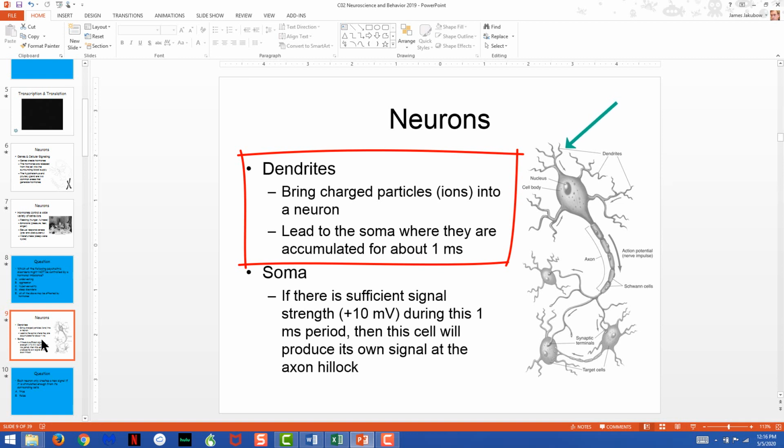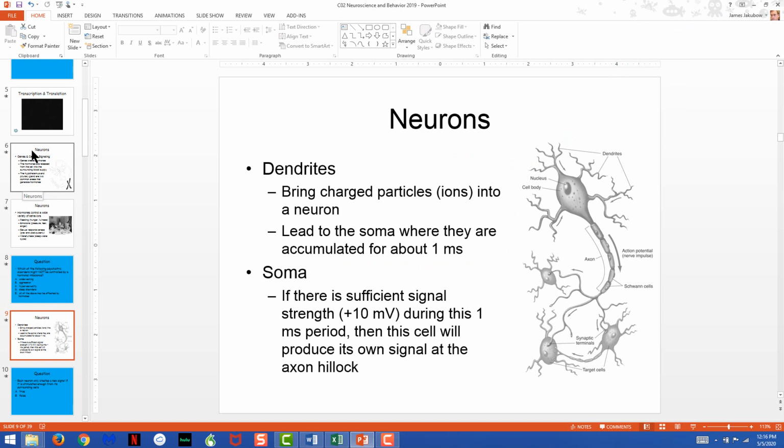This is just part of the entire sequence of events that we're actually going to talk about that describe the process by which the cell is going to be sending information around inside of your nervous system. Now, these cells are going to bring charged particles into them through the dendrites. The charged particles will reach the soma.